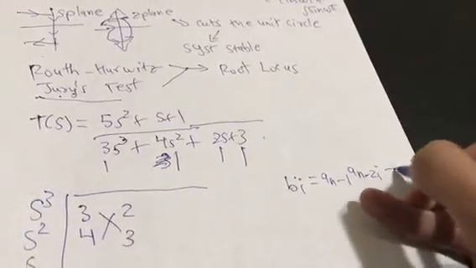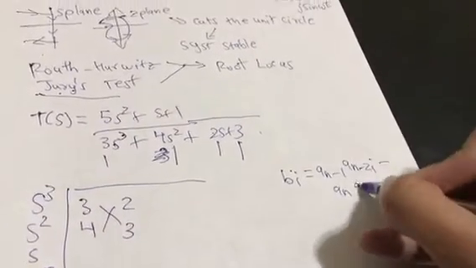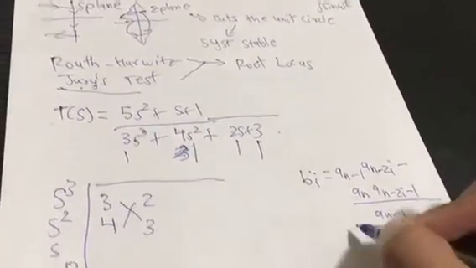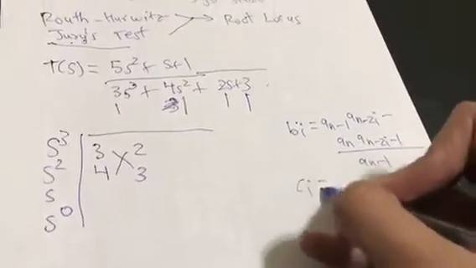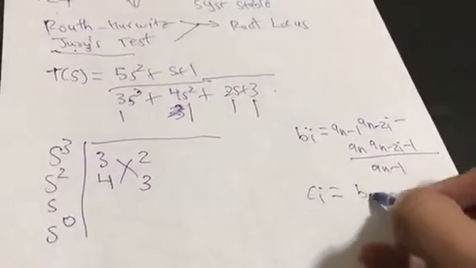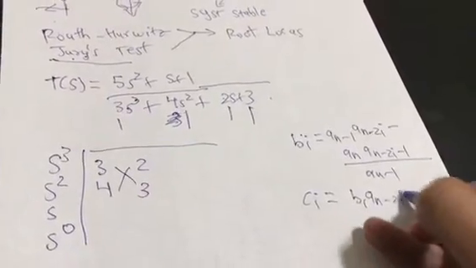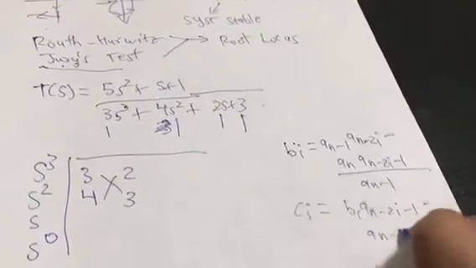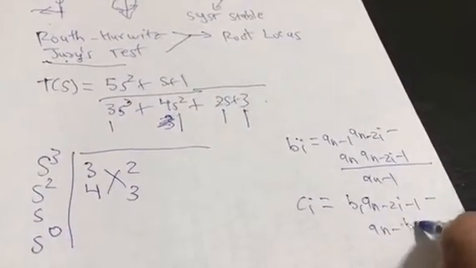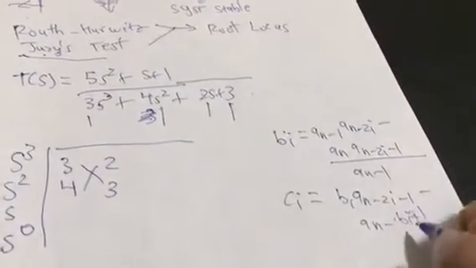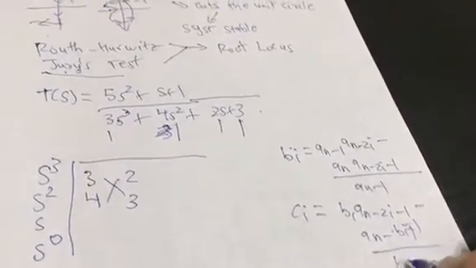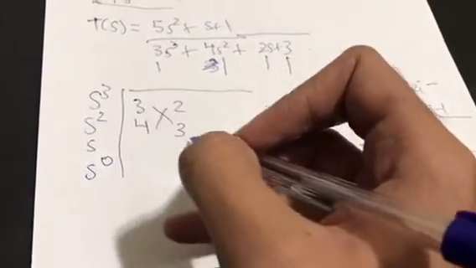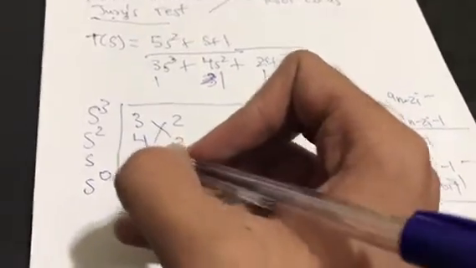Now Routh's equation is basically given as b_i equal to (a_{n-1} a_{n-2i} minus a_n a_{n-2i-1}) upon a_{n-1}, and c_i is equal to (b_1 a_{n-2i-1} minus a_{n-1} b_{i+1}) upon b_1. So just apply this. So here we get 4 twos are 8 minus 9, by 4, sorry.